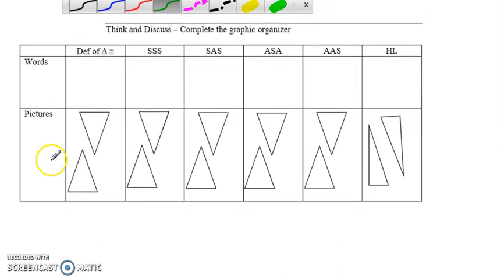So for these, we're going to mark our picture to show what each of them would be. So for definition of congruent triangles, we have all angles are congruent and all sides are congruent. So that would mean this one and this one and this one.